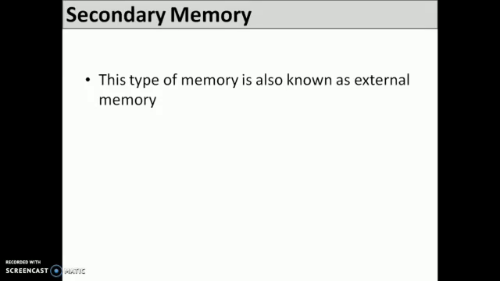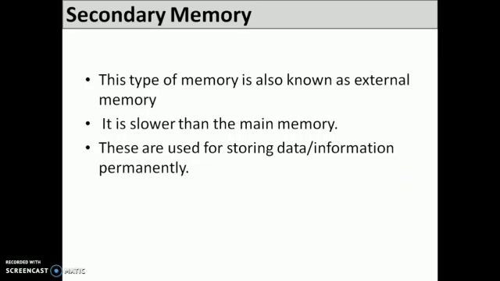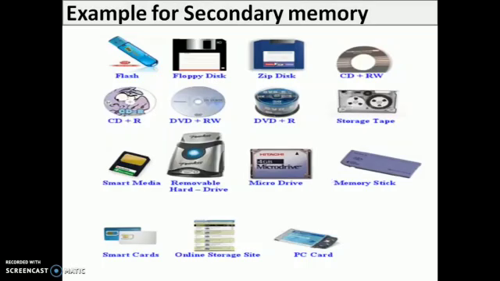For example, a hard disk. These are called external memory. It is slower than the main memory. These are used for storing information permanently. Different types of secondary storage devices include floppy disk, CD, DVD, hard disk. Every computer has a secondary memory, that is a hard disk, which stores data or software permanently.